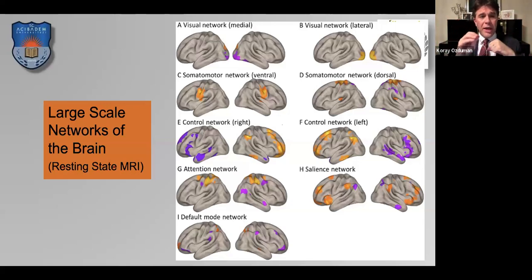They are not localized. So we switched from a localization type of understanding of the cortex into a large scale network.